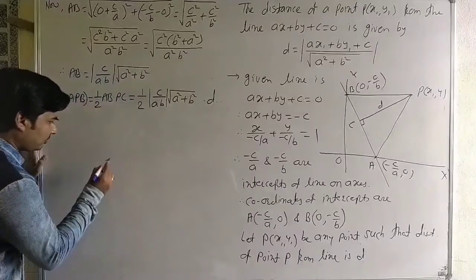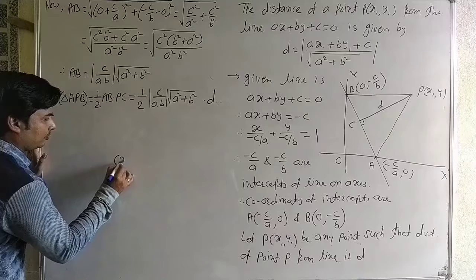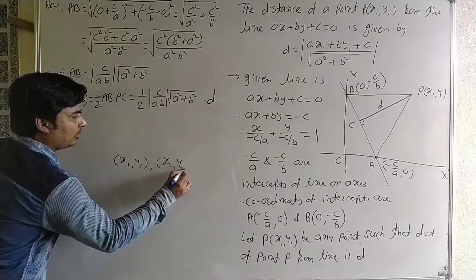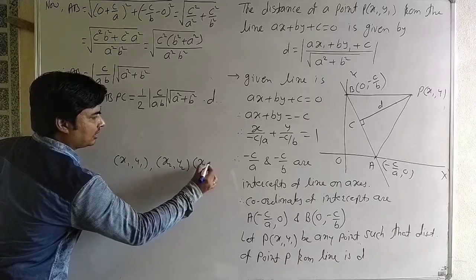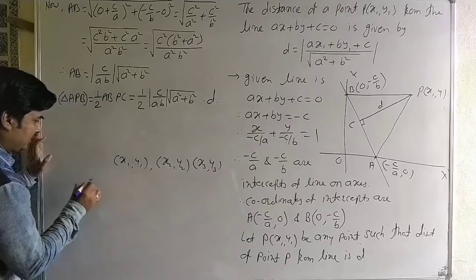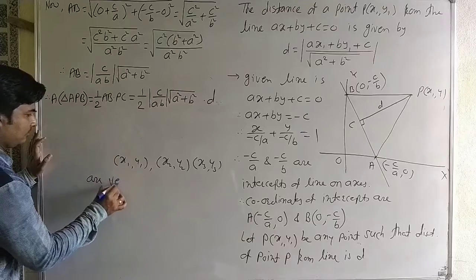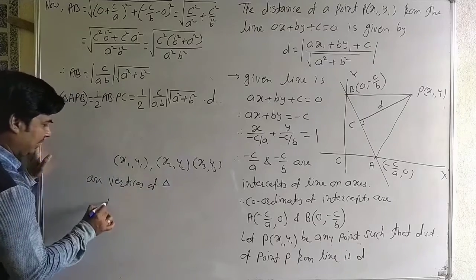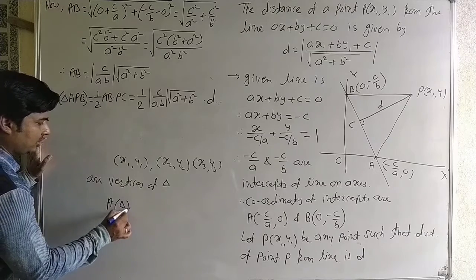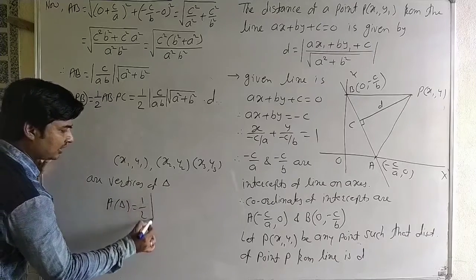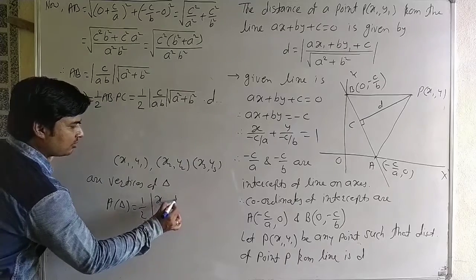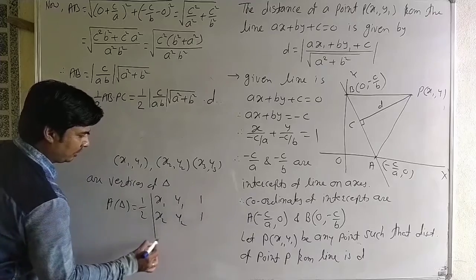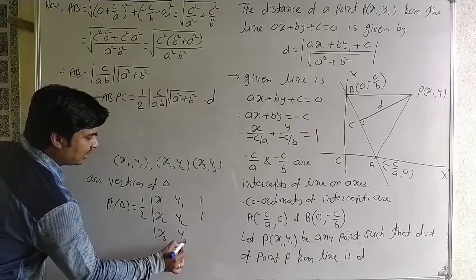Okay, here if x1 comma y1, x2 comma y2 and x3 comma y3 are the vertices of a triangle, then area of triangle, okay, see carefully, it is 1/2 determinant of x1 y1 1, x2 y2 1 and x3 y3 1.